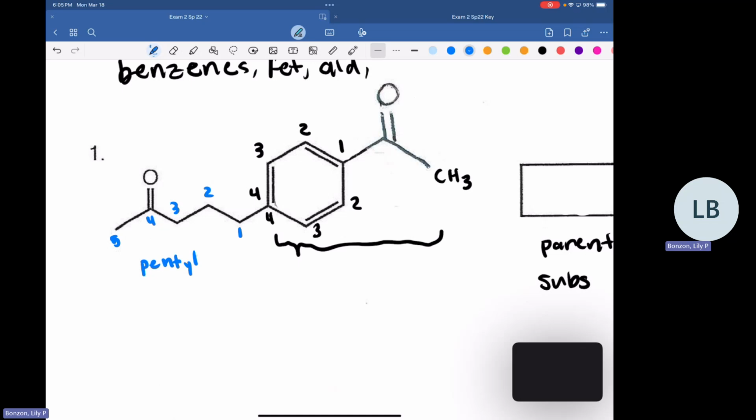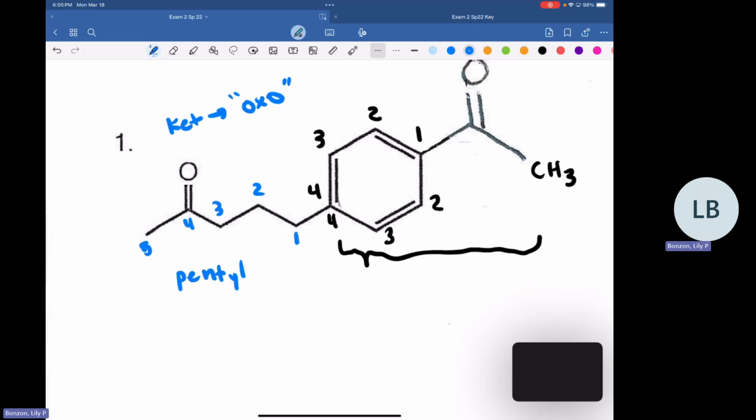When ketones are our substituents, they're going to be called oxo. And since this is a complex substituent, we're going to put that substituent on our substituent, and we're just going to throw that all in parentheses.